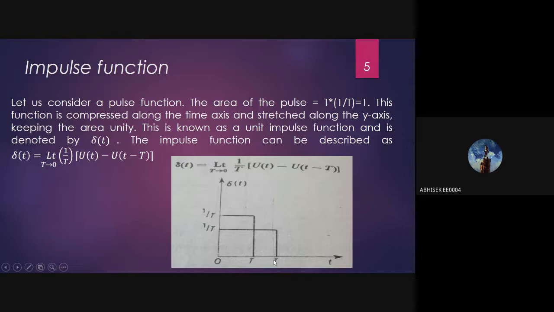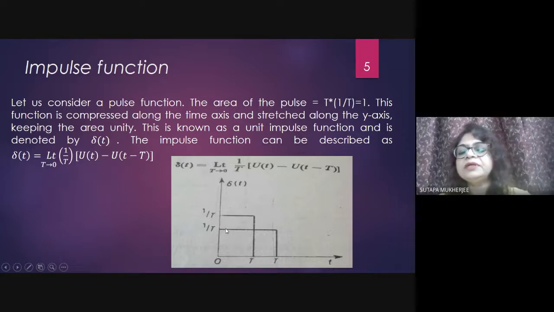On the basis of the impulse function criteria, the area will be 1, so this is 1 by T into T. Because away from t equal to 0 the impulse function will have the value 0, hence I have written here T tends to 0. It is the Dirac delta function, generated as delta(t), that is the impulse function.